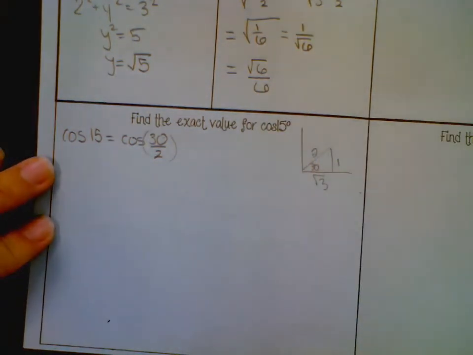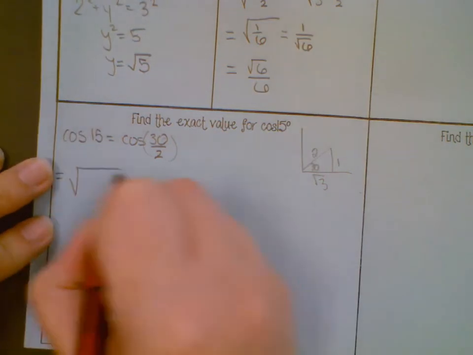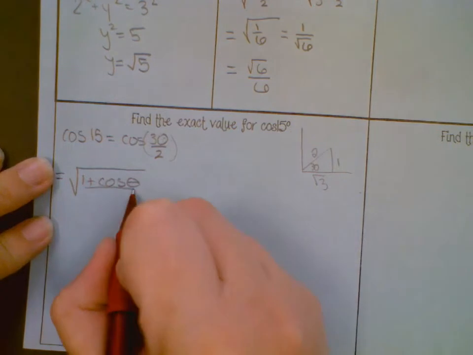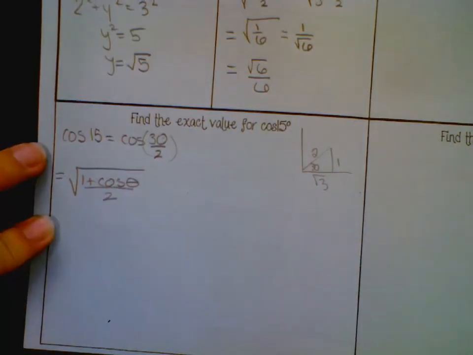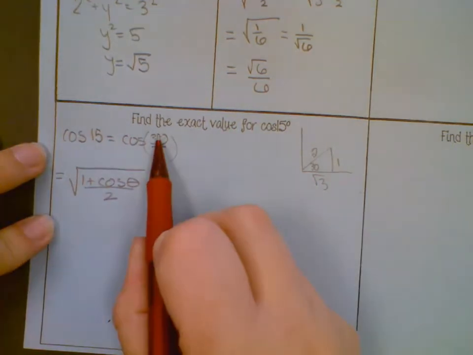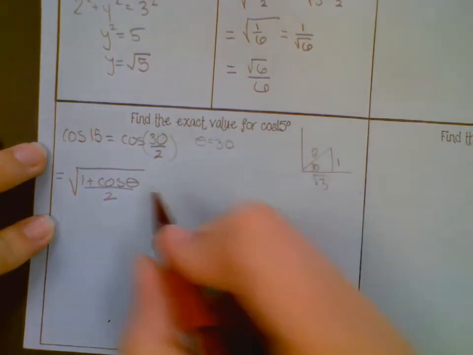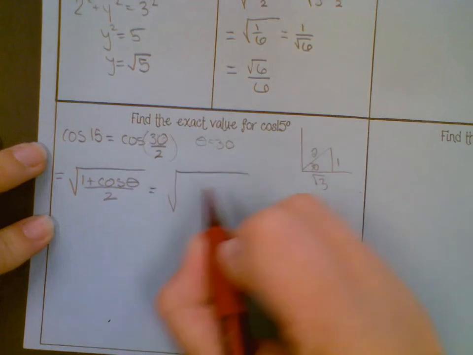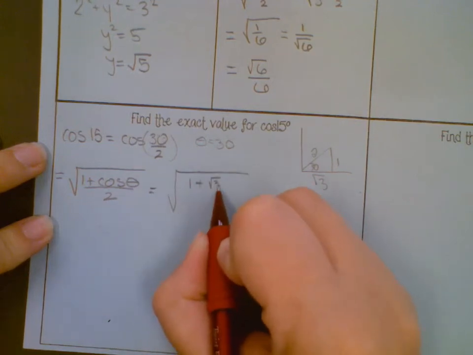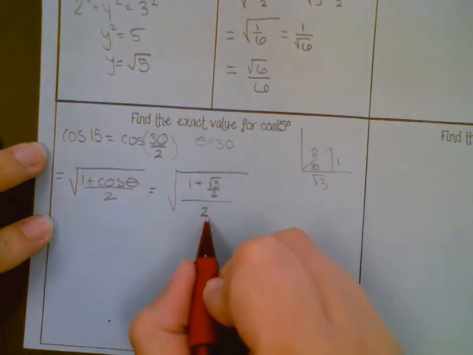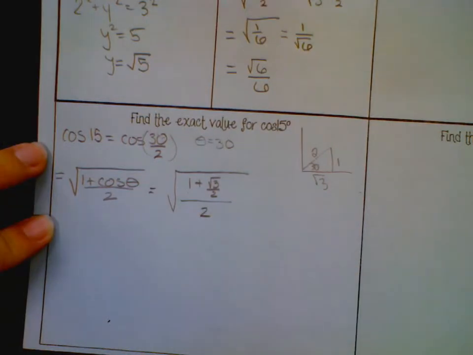Okay, so we know that our formula is equal to the square root of 1 plus cosine theta over 2. So the cosine of theta, which is 30, would be from over here. So cosine is root 3 over 2. So we have the square root of 1 plus root 3 over 2 over 2. So I'm going to do that fancy times thing like I did in the last one to get rid of the fraction.